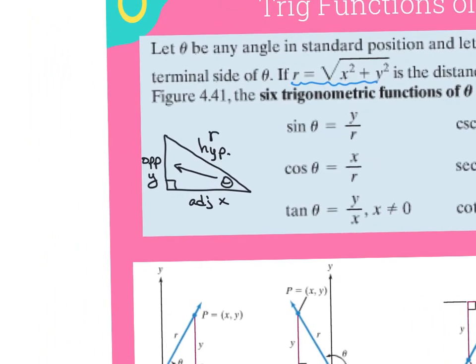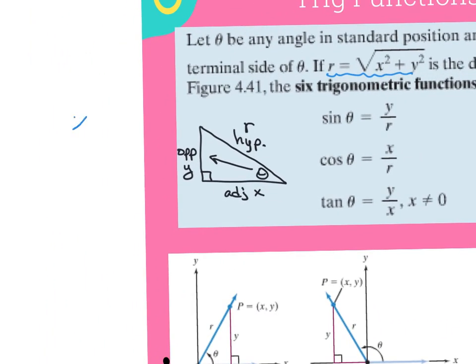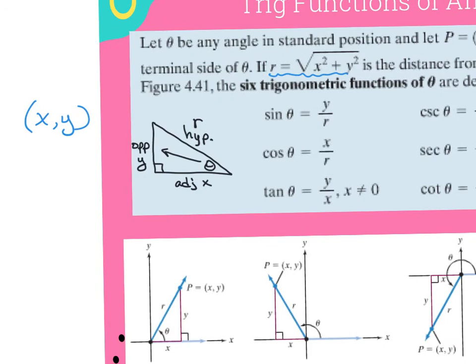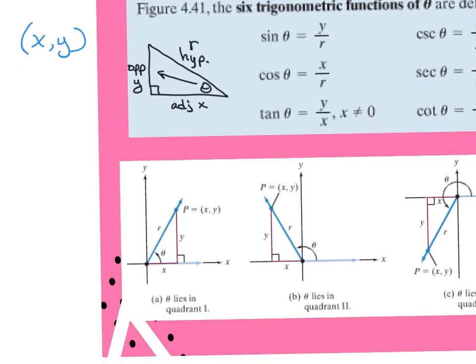So if you recall, when you're given an ordered pair, the first number you see in the ordered pair is the x value. The second number in the ordered pair is the y. So when we graph these in a coordinate plane, they're going to give us a point that is going to be on the terminal side of our angle.